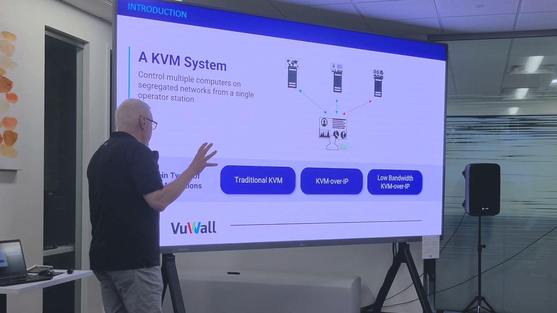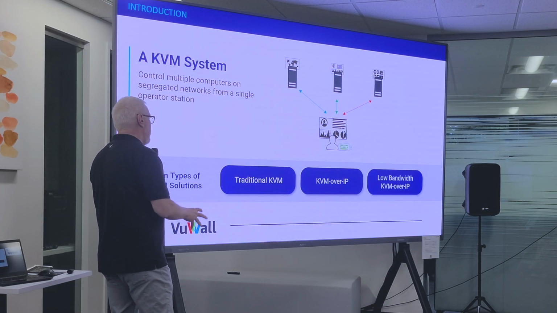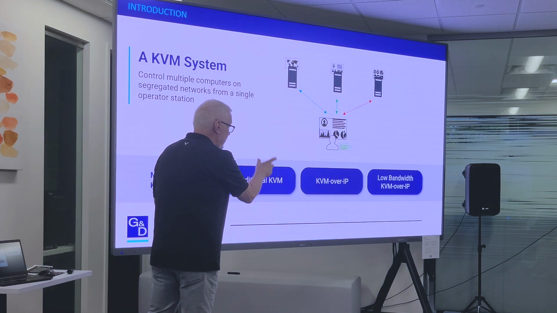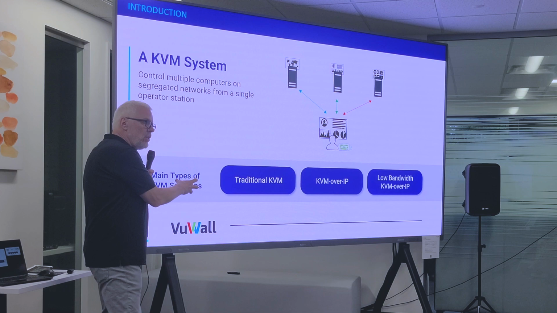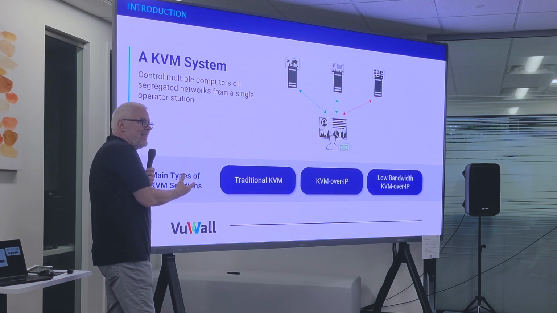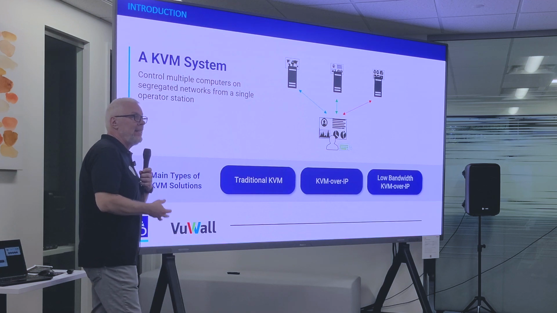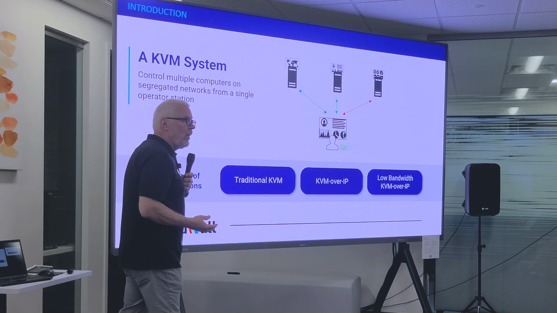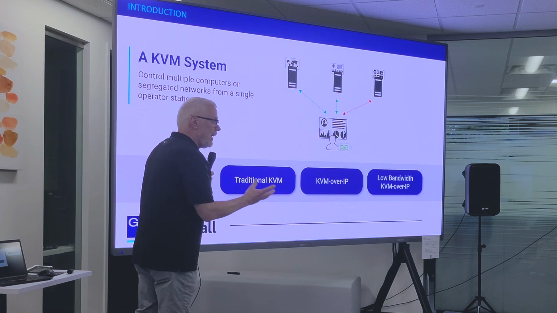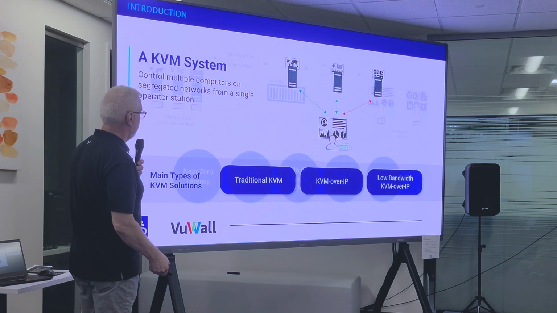And in the families of KVM, there's really three main types: the traditional KVM, KVM-over-IP, and the low bandwidth KVM-over-IP. The traditional KVM, as it sounds, is the original way KVM was developed, and it's still very in use today. But with video over IP, there have been some evolutions, and I'll show you a bit how that goes together.